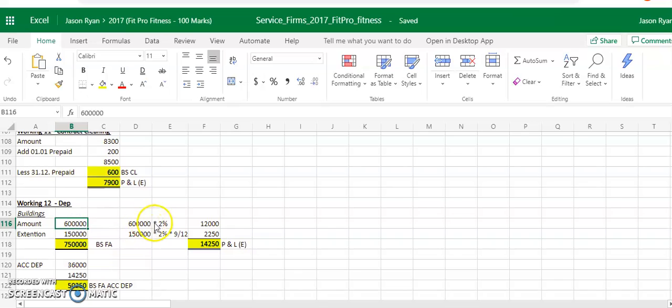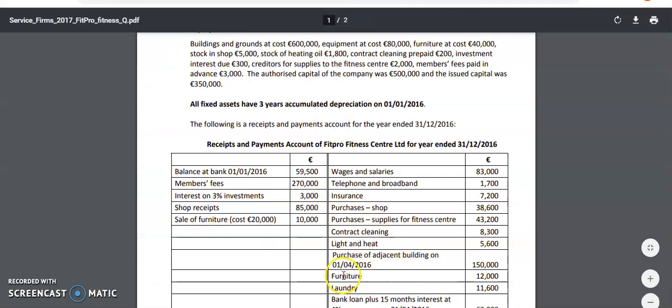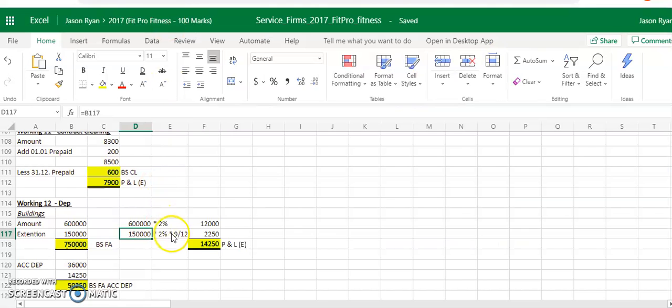This 600,000, we had it for the full year, so it's going to be 2%. The extension was only bought on the 1st of the 4th, so it's not for the full year. So you only have it for 9/12. So the total for depreciation that goes into your profit and loss is 14,250. And then the figure for your cumulative depreciation for your balance sheet is 36,000 from working 1, plus this 14,250 from this working, which gives you 50,250.